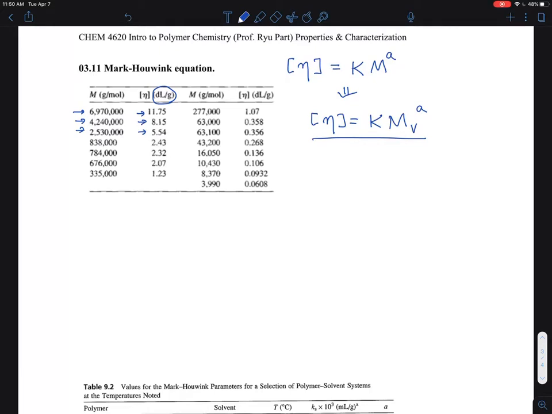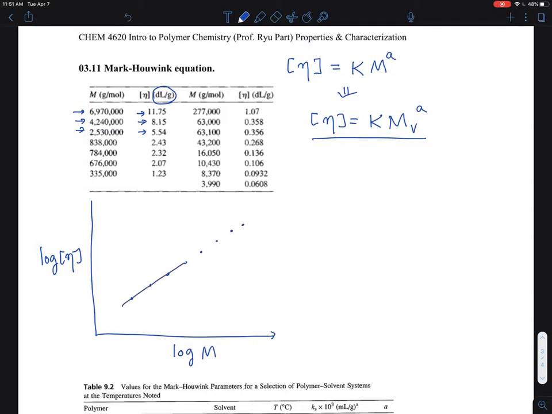And when you plot this on a log scale, log intrinsic viscosity, people find it follows some linear relationship.